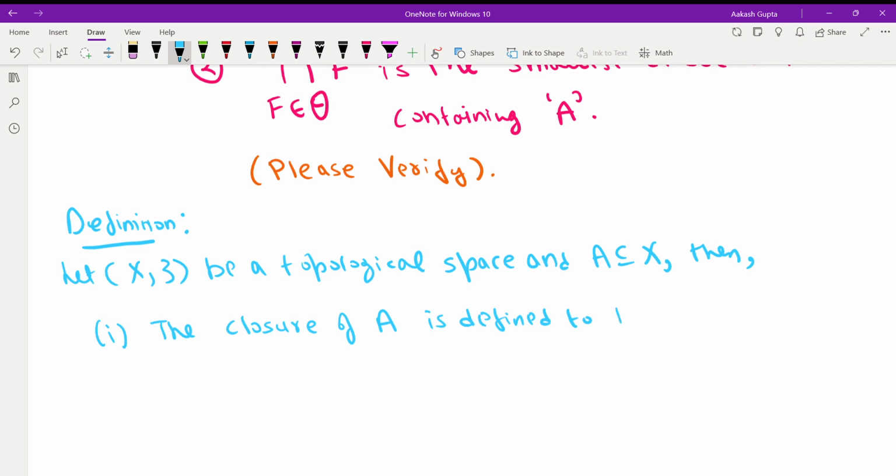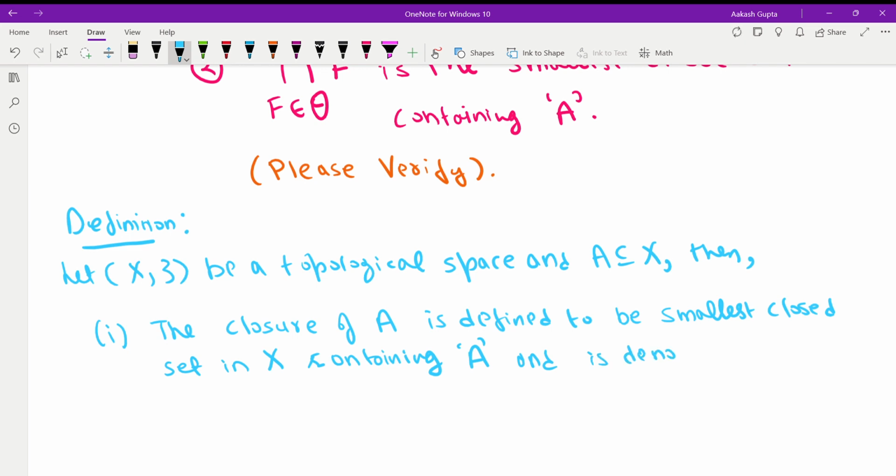It is defined to be the smallest closed set in X, of course, containing A, and is denoted by A bar. So we will read this as A closure.